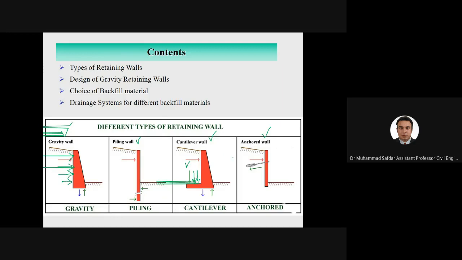So the cantilever walls were also constructed to resist the lateral forces which are applied onto these structures. In anchored walls, an anchor is provided to give added support to the sheet pile wall or the retaining wall here. So different anchors are provided just to give that extra strength to the retaining wall.